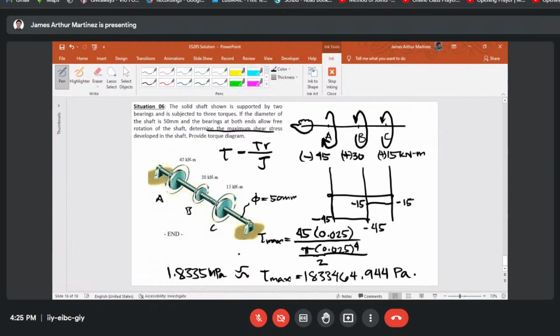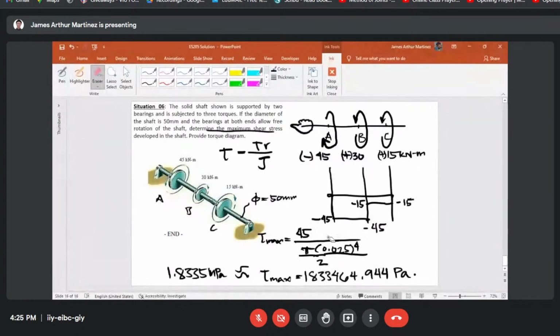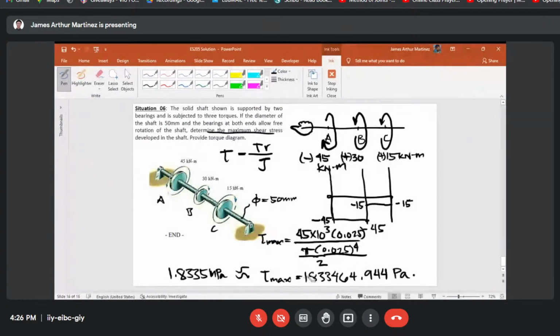So, sorry class no, this should be ang 45. Wait, so this should be multiplied by 1,000 times 10 to the power of 3 kay, di ba, 45 kilonewton meter man ni siya. So, para mag-newton meter, so para mo-compatible ang ato ang units, it should be in newton meters. So, 0.025. So, pila na siya.